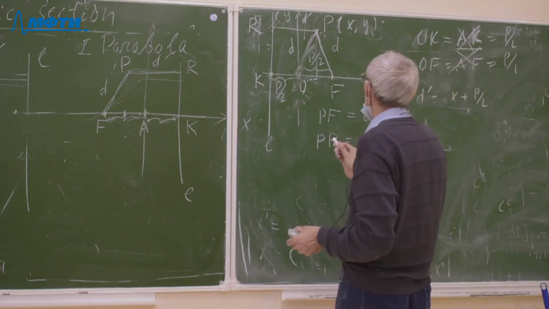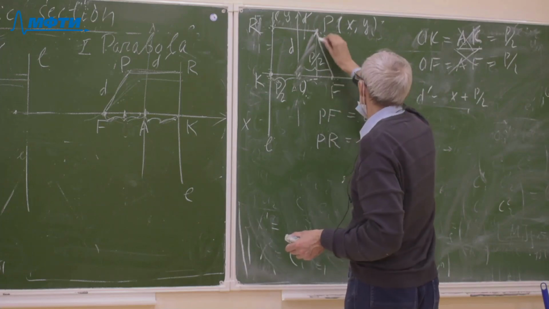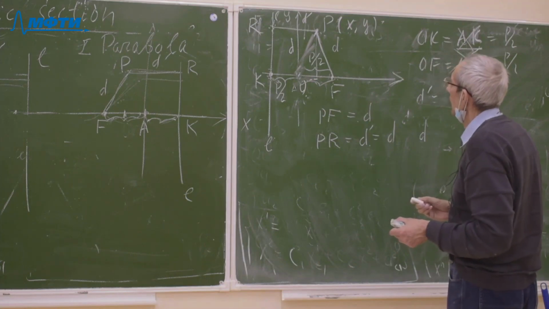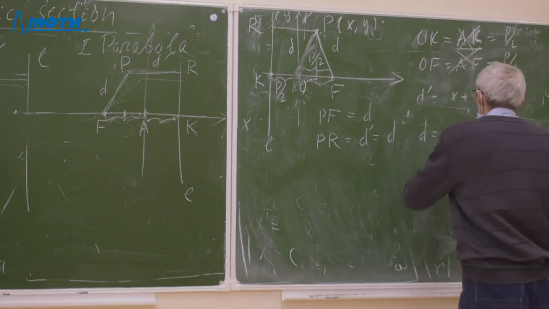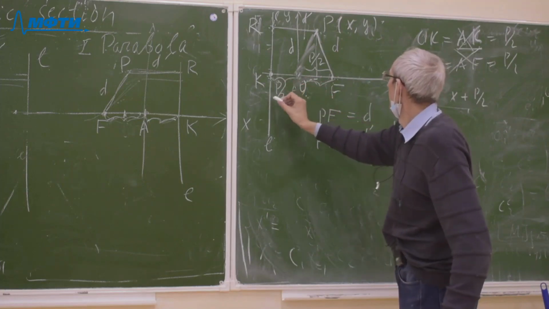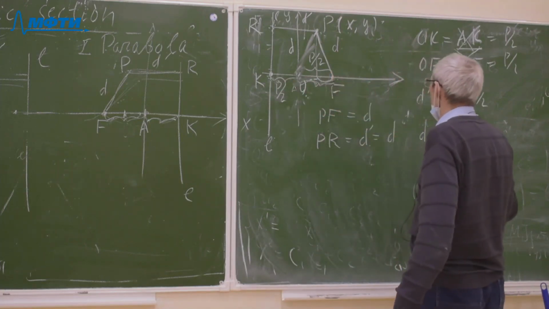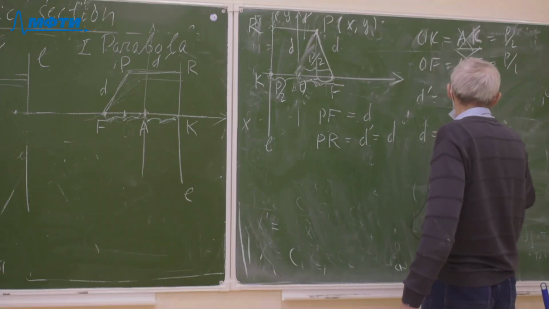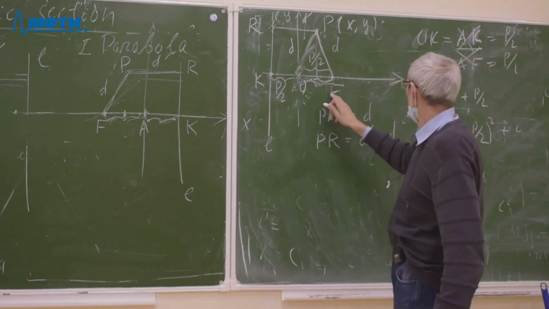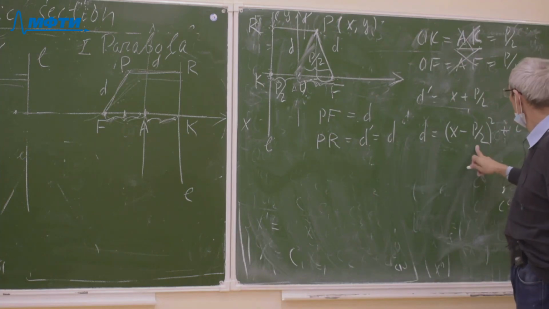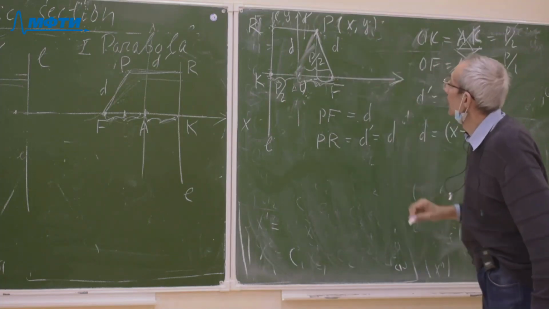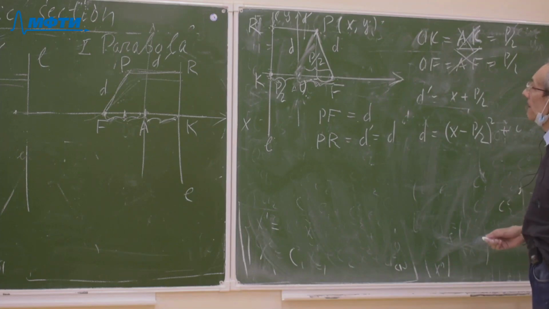D is equal to the square root of x minus p divided by 2, all squared, plus y square. In this picture, the difference is p divided by 2 minus x, since the point lies in the other place.